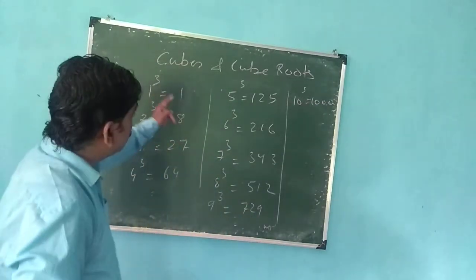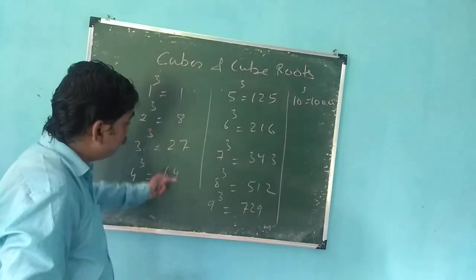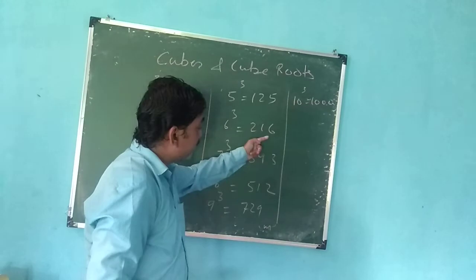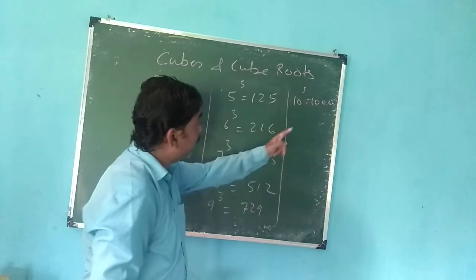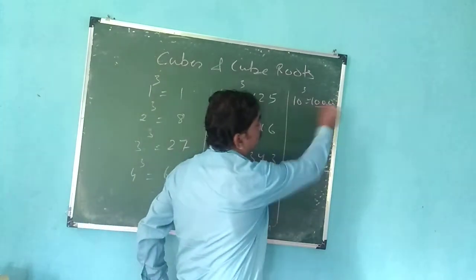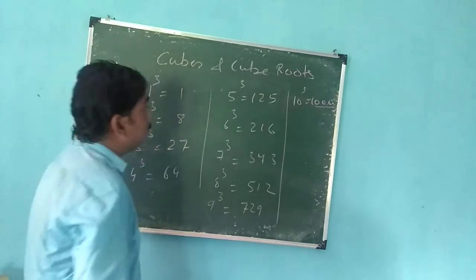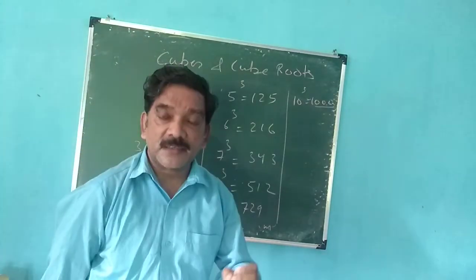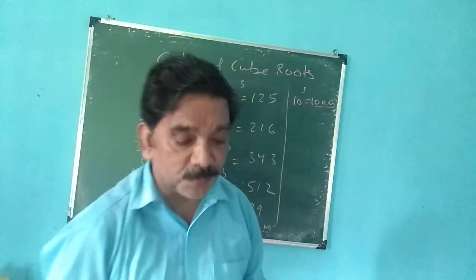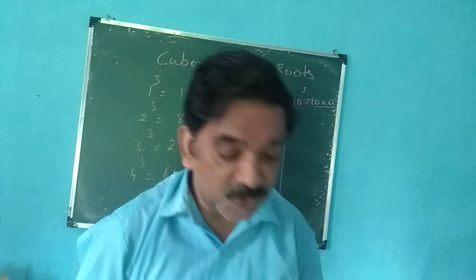Now if the unit place is 1, 8, 7, 4, 5, 6, 3, 2, 9, and it should be all multiples of zeros, then there is a possibility of getting a cube. We can say that this number is a cube number.